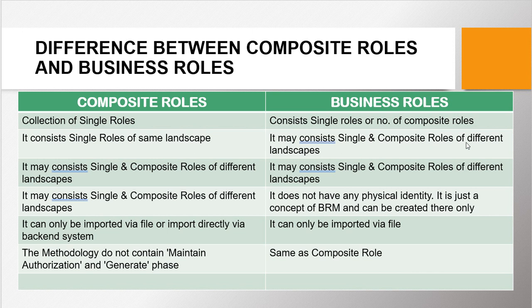When I say different landscapes, it means roles from an ECC system or S4HANA system or BI systems, etc. All the roles from all these landscapes can be put in one single business role in Access Control, in BRM.